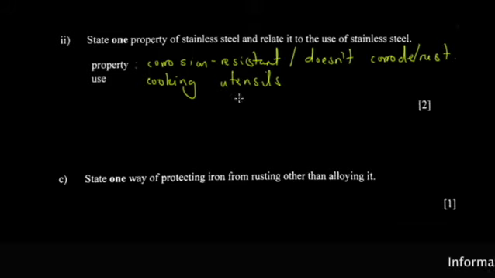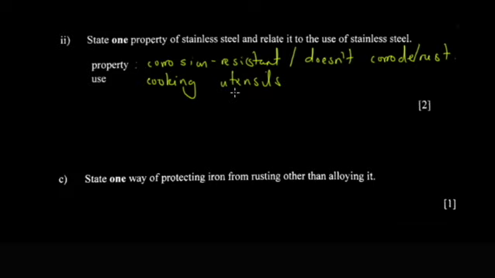You also use it for the same reason. You also use it in industrial processes, especially where the products or the reactants are very corrosive. So you want materials that will have a long lifespan, such that you don't have to replace them.